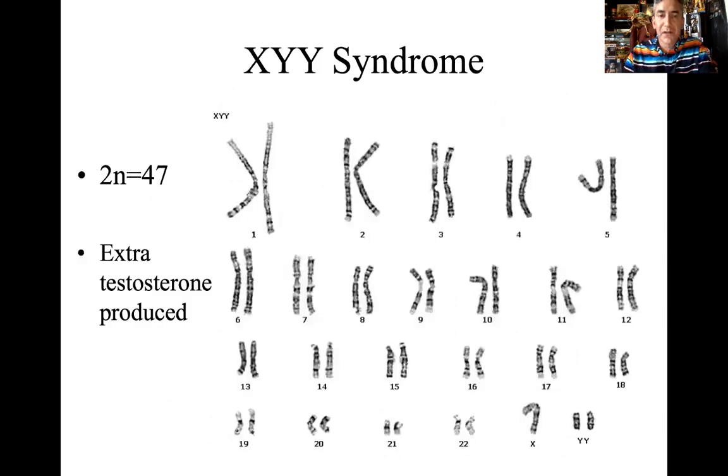So this one is different, right? We saw XXY. Here we have XYY. So mom and dad, you're the proud parents of a little manly boy, right? Extra testosterone, extra manliness, if you will. Again, still sterile, not fertile. That extra dose of testosterone is going to have its impact on their behavior, their development, aggression, short-tempered.